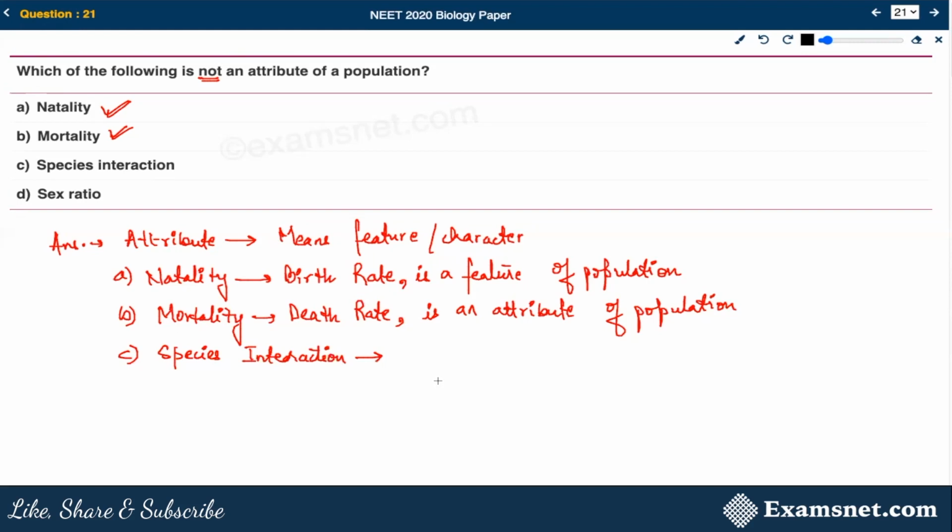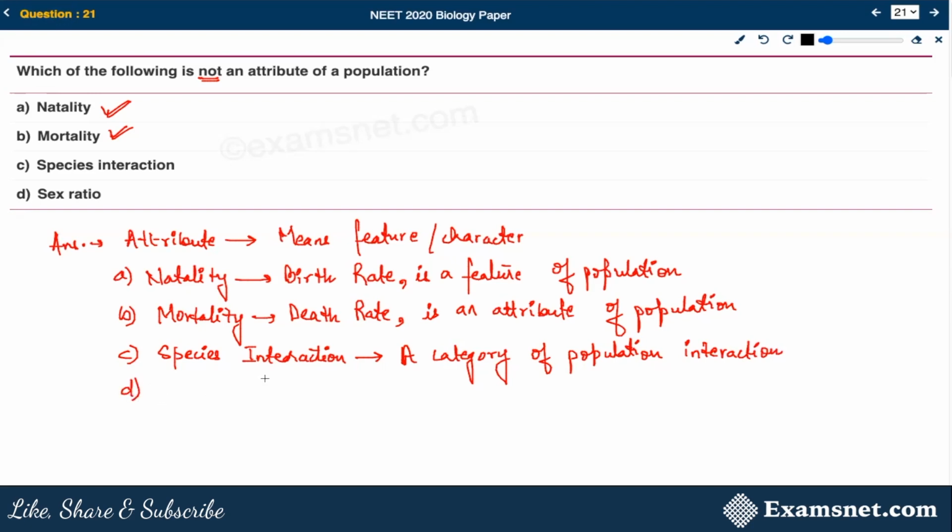So that's why it is not included as a feature of population. You can say this is actually a category of population interaction, but not an attribute. It can be either intraspecific interaction or interspecific interaction.